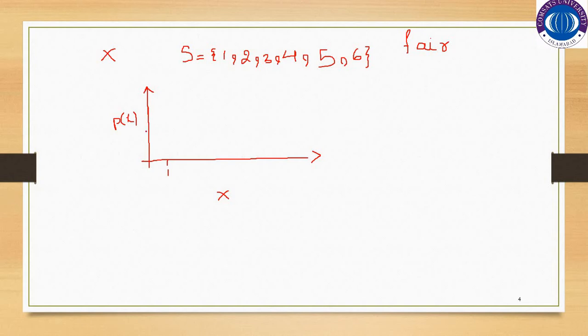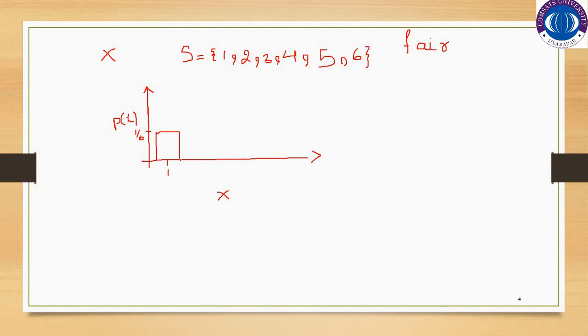So the probability of occurrence is 1 by 6. Let me draw the bar representing the probability of occurrence of the outcome 1.